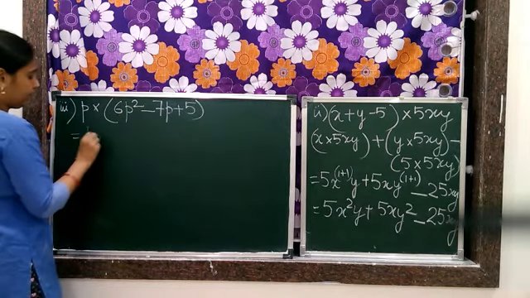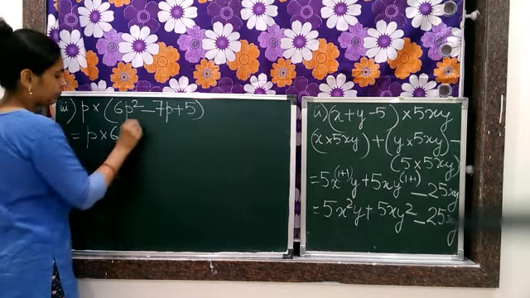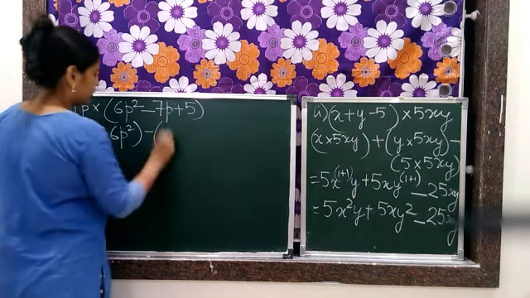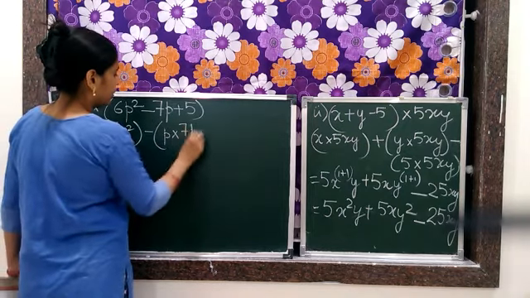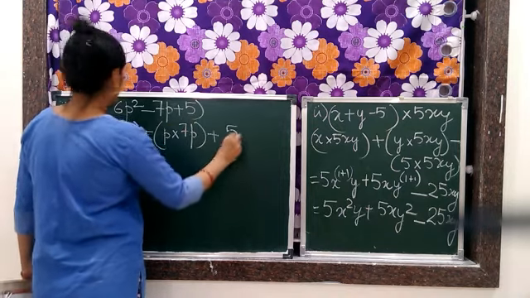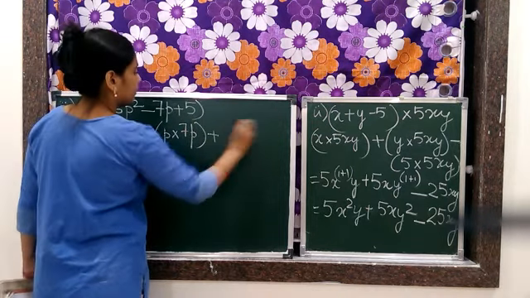So p into 6p square minus p into 7p plus 5, or p into 5.